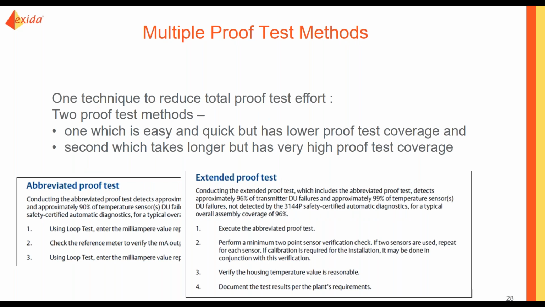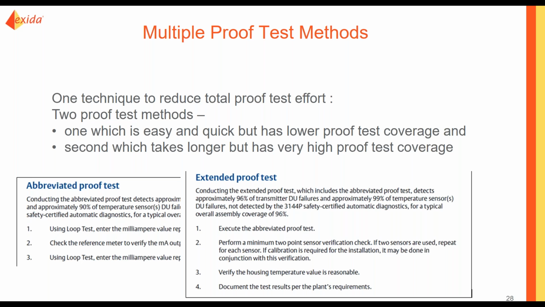One technique is to reduce the total proof tests in an effort to devise two proof test methods. One which is easy and quick but has a lower proof test coverage, and a second proof test which is more expansive.